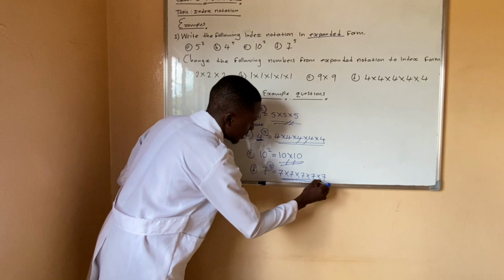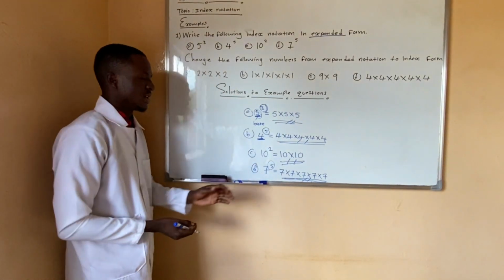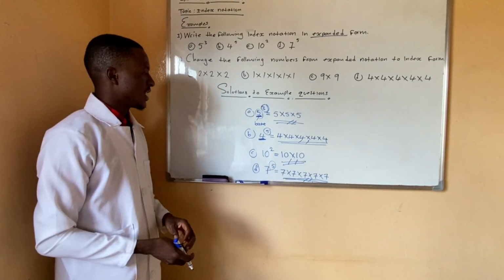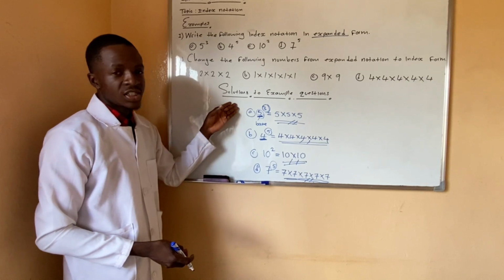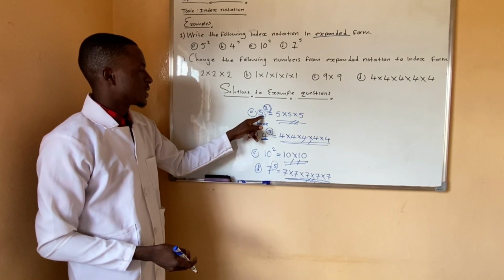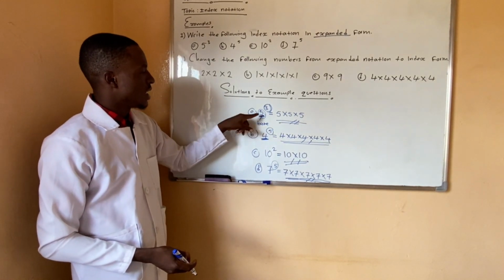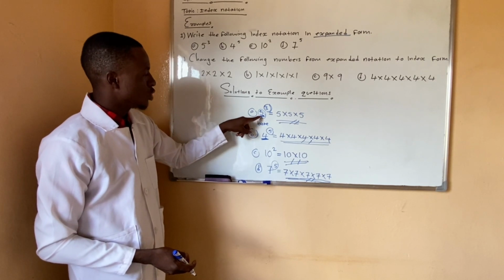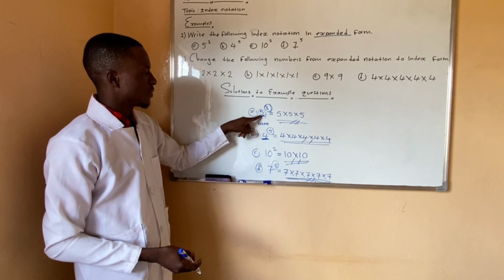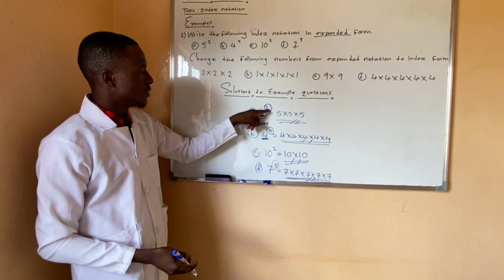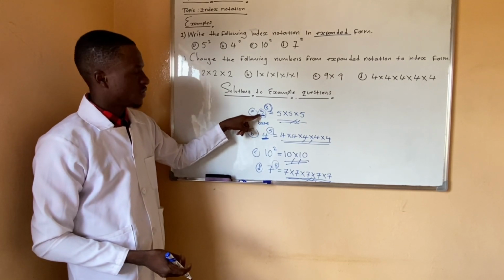Once you've done this, then you are done. Then this is your answer. Very simple. Only one step. You just expand this one by asking yourself, what base do I have? 5. So I don't have to change this 5. 5 will appear how many times? 3 times multiplied by itself.